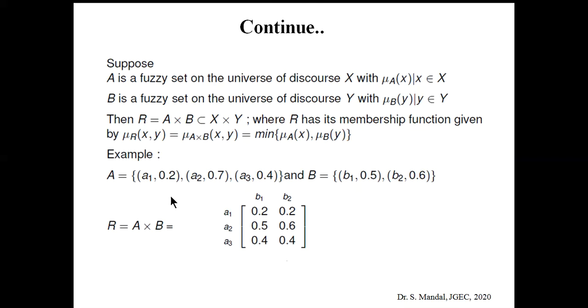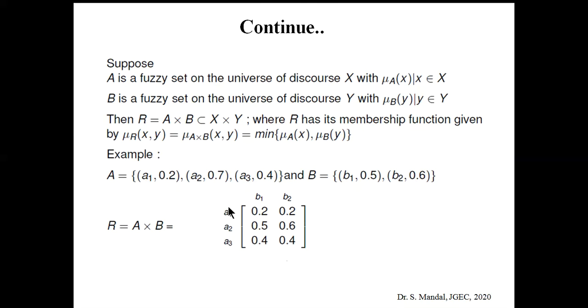Here, for example, A is a fuzzy set expressed as A1 with 0.2, A2 with 0.7 and A3 with 0.4, and B has two elements with two memberships, B1 with 0.5 and B2 with 0.6.